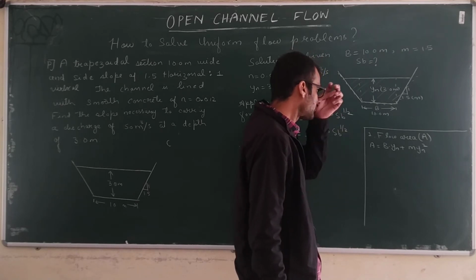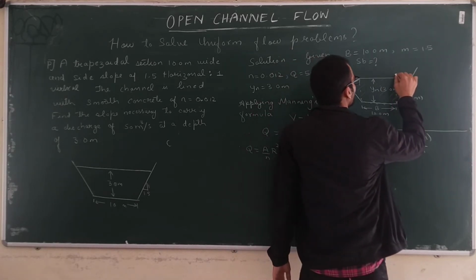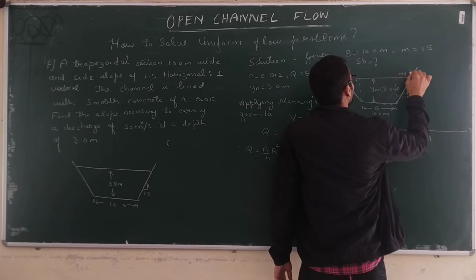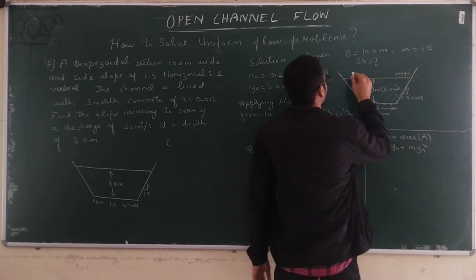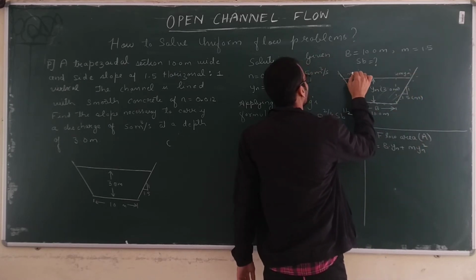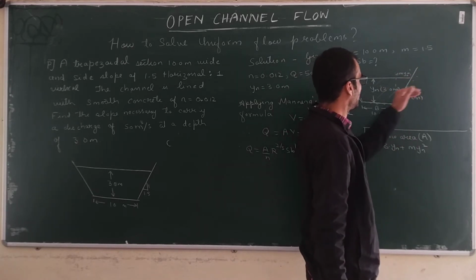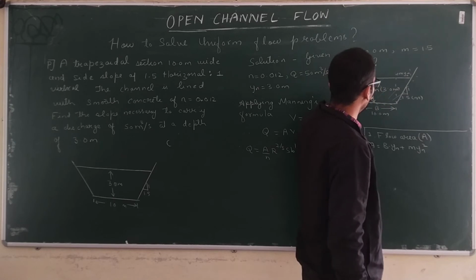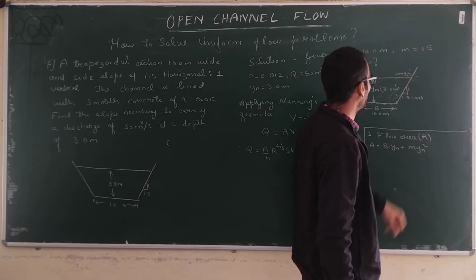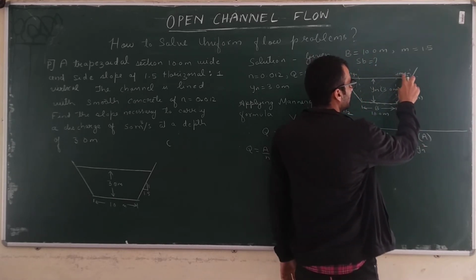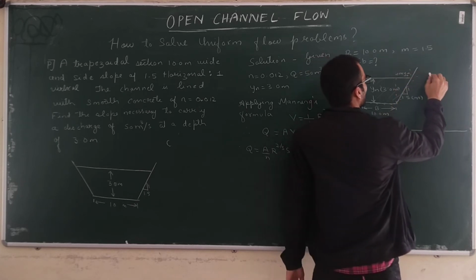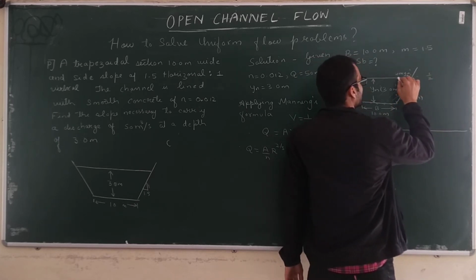For one vertical it is traveling m, so for y_n vertical this travel distance will be m into y_n, and the area of this triangle would be half into base into height.